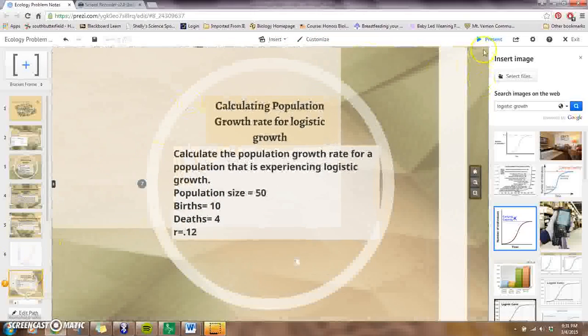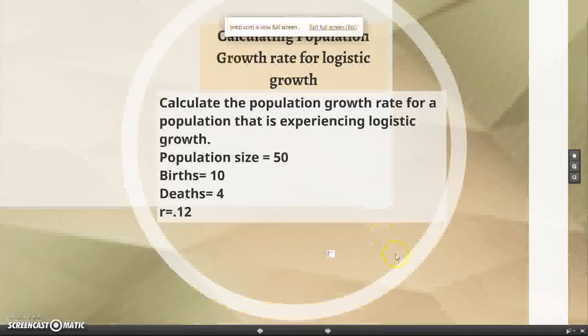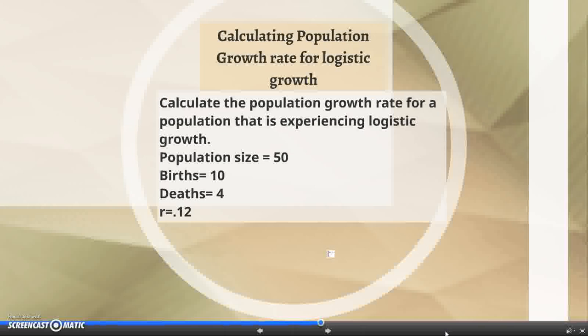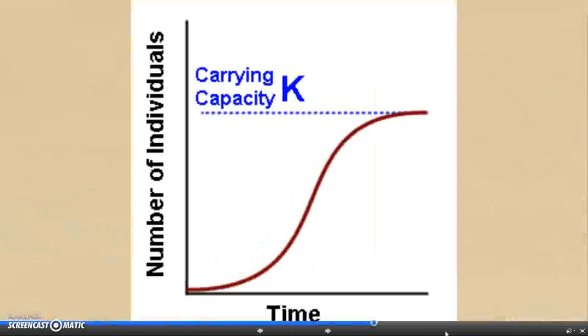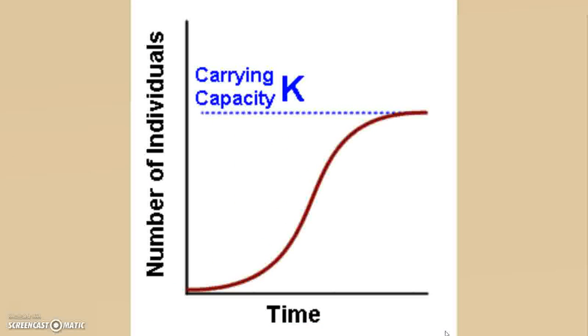Okay, so let me go back here really quickly. Okay, so remember the other type of growth that we have is going to be logistic growth. So logistic growth, we're going to zoom in here, and we got a graph of logistic growth. Okay, so it starts out exponentially.